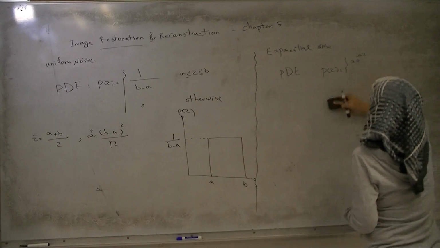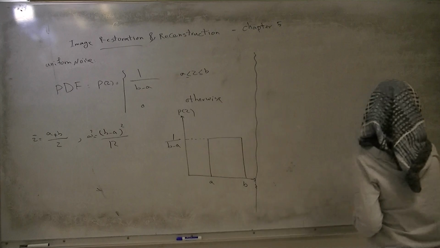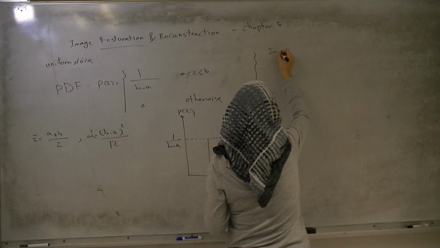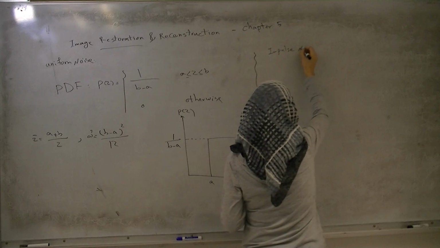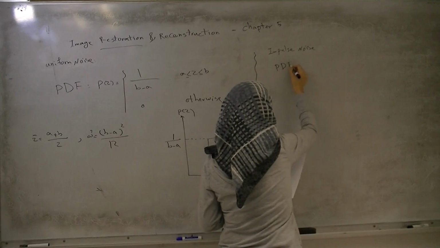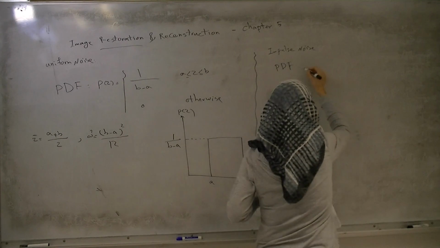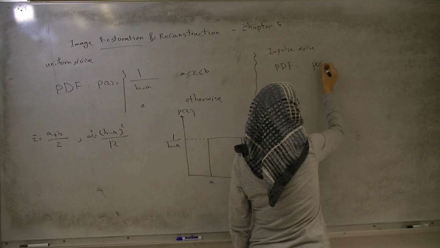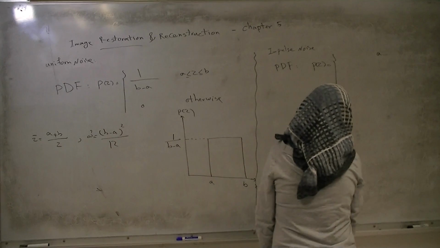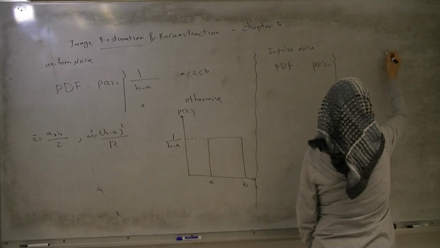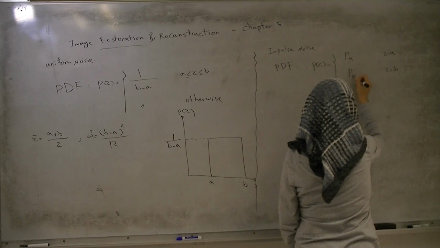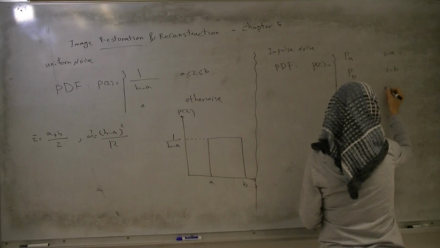Next is one of the famous noises, salt and pepper or impulse noise. For Z equal to A, it is PA. Otherwise, it's 0.